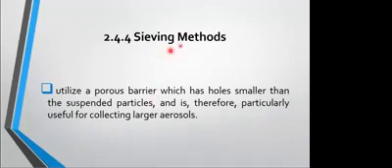Another method we have is the sieving method. It utilizes a porous barrier which has holes smaller than the suspended particles and is therefore particularly useful for collecting larger aerosols. The limitation of the sieving method is that it can only sieve certain sizes of air dust, certain particles.